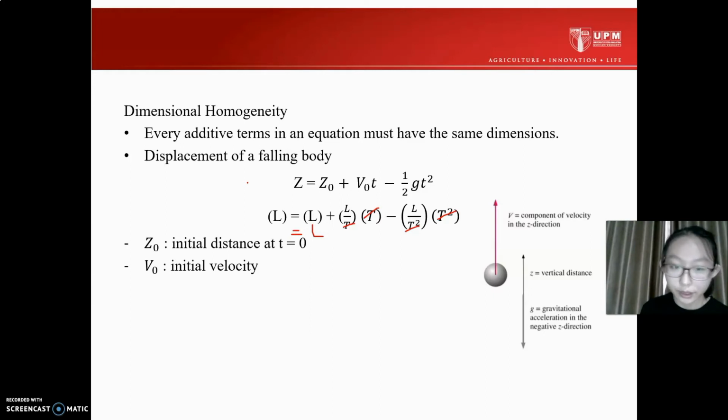The v0 is equal to the initial velocity. So this is the falling object. V is equal to the component of velocity in the z direction. Z is equal to the vertical distance. G is equal to the gravitational acceleration in the negative z direction.